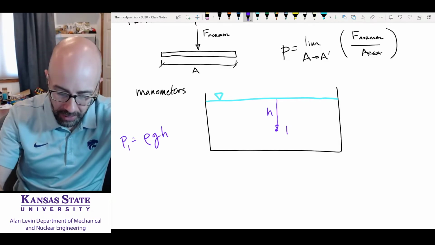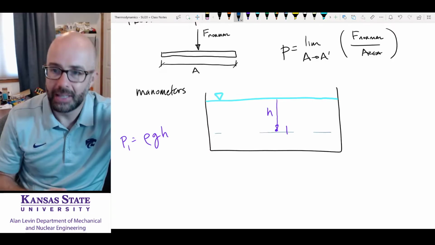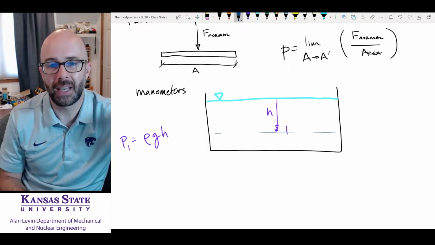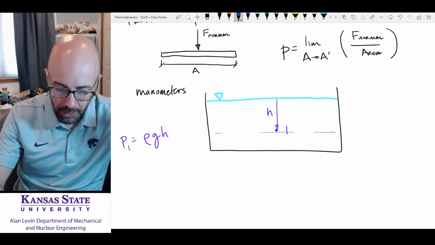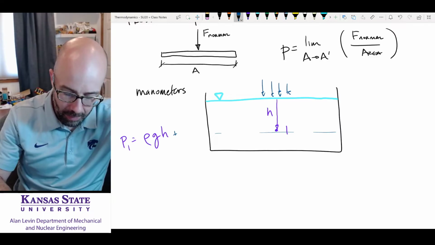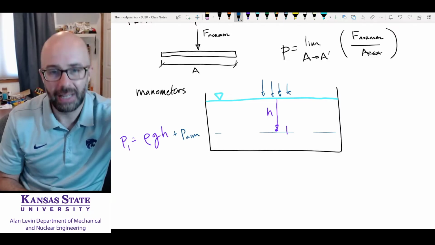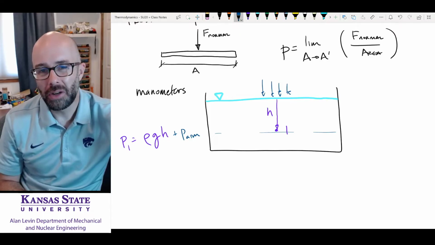Okay, and we know that the pressure is the same at that point. All along this line is going to have the same pressure because it's the same distance down in a single fluid. Now we also have the atmospheric pressure pushing down on top of this, so it's going to be plus P atmosphere, and that's going to give us the pressure at point 1. Okay, that's really what you need to know in this class.